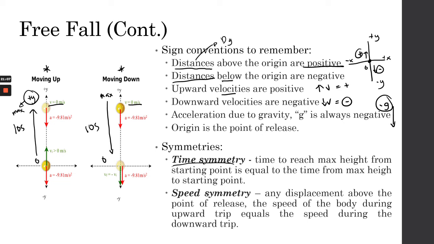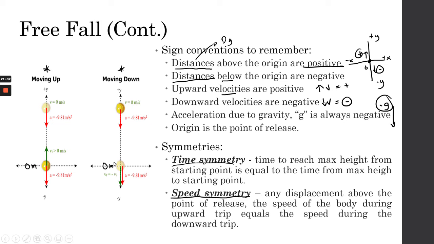Another thing that I want you guys to remember is speed symmetry. For any displacement above the point of release, the speed of the body during the upward trip equals the speed during the downward trip. So what do we mean by that? Let's say I have again a ball. Let's think of this as 0 meters because that's the origin.